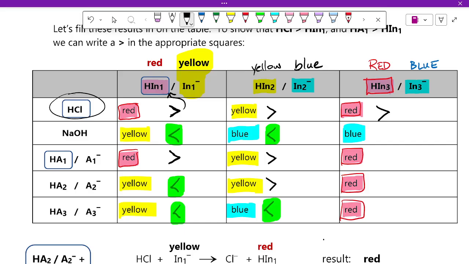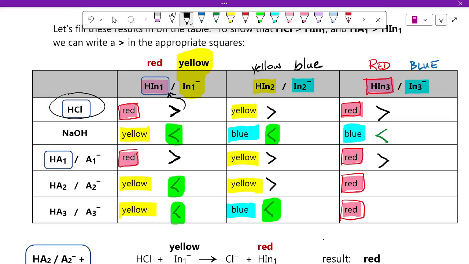Is NaOH stronger or weaker than HIN3, Matthew? Less than. Is HA1 greater than or less than HIN3, Owen? Greater than.